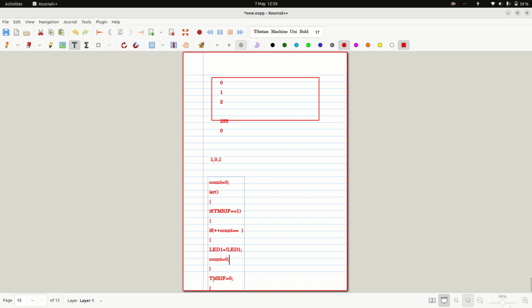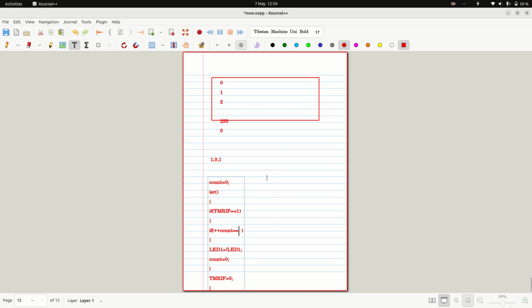Then TMRIF equals to 0. Then close the flower bracket. So when interrupt occurs, control goes to the ISR, isn't it? Whenever interrupt occurs, control will go to the ISR. Now we need to find the value of this.